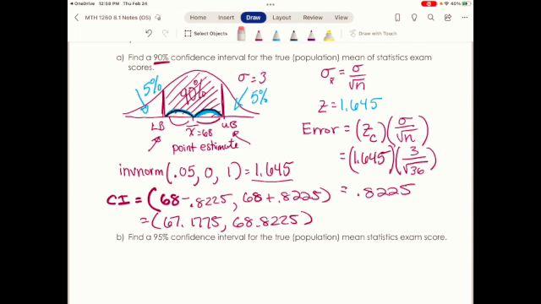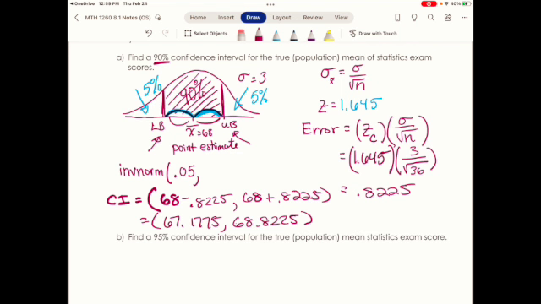Now, we could have actually gone back. Let me change this. I'm going to show you a trick. I'm going to erase this. So when I used inverse norm there, I was just trying to find my critical value of z, so how many standard deviations I came out when I'm looking at the standard z-score.